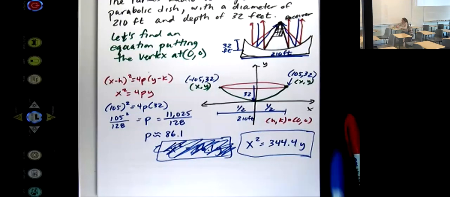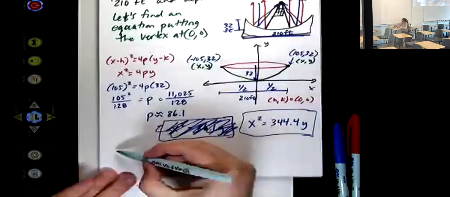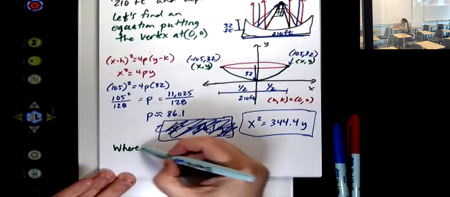Where's the directrix at? And where's the focus?